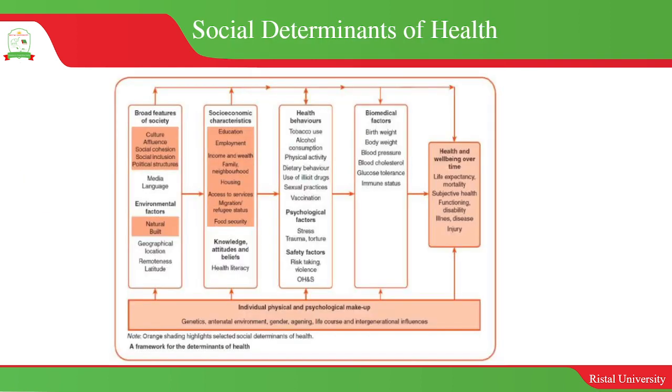Okay, so this here illustrates further what health determinants are, whether socio-economic characteristics, health behaviors, or medical factors. Basically, the thinking here is that all these factors have a way in which they influence health.